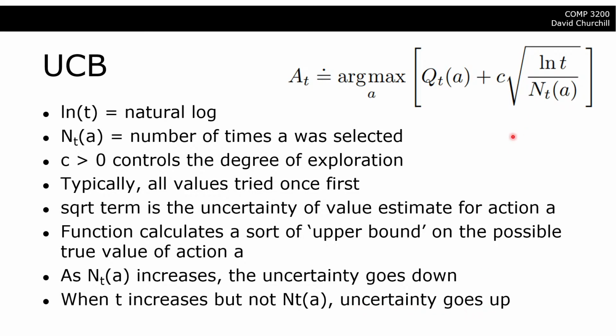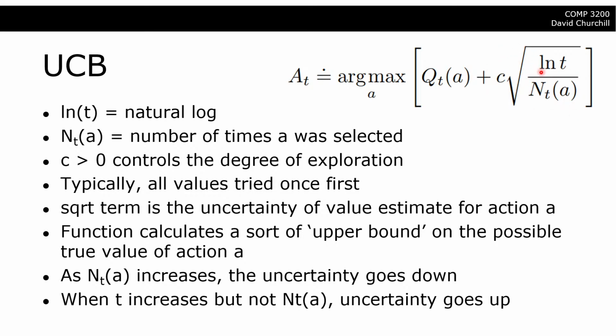So all that being said, here's kind of what's happening. We take our old value estimate for an action, then we're going to add this term. As we pull an individual slot more and more and more, this value here goes up, but it's in the denominator, so the uncertainty goes down.